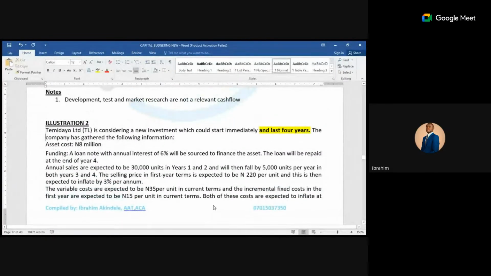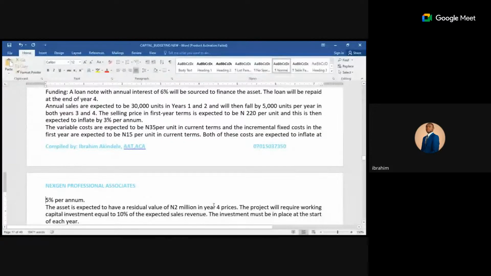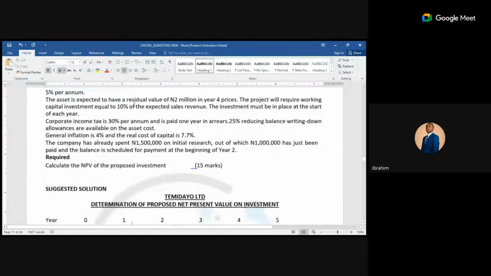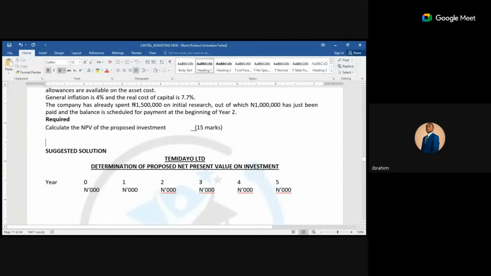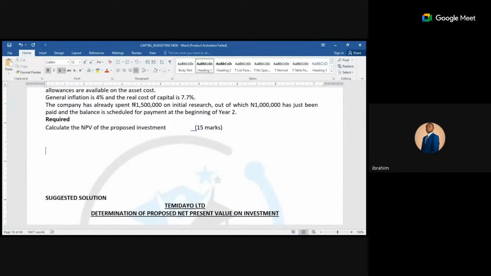We should not forget that the annual sales are expected to be 30,000 units in year 1 and year 2, and then fall by 5,000 units per year in both year 3 and year 4.